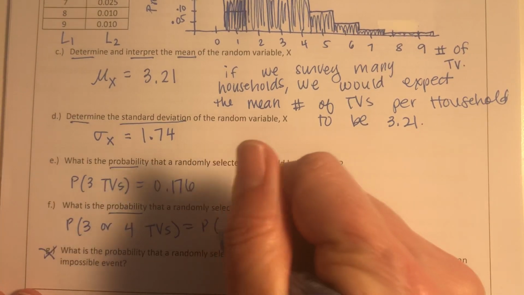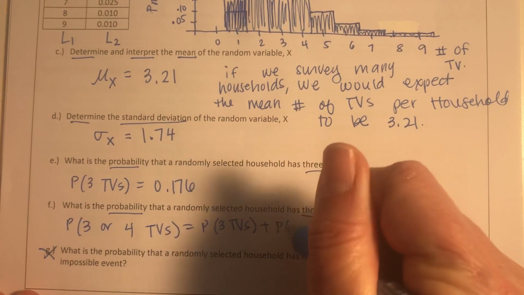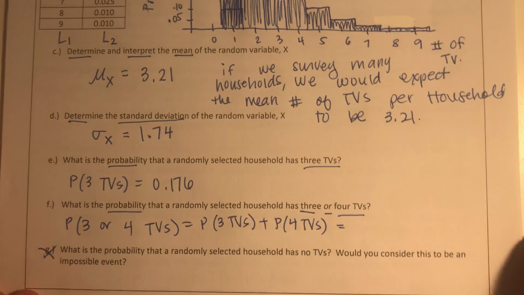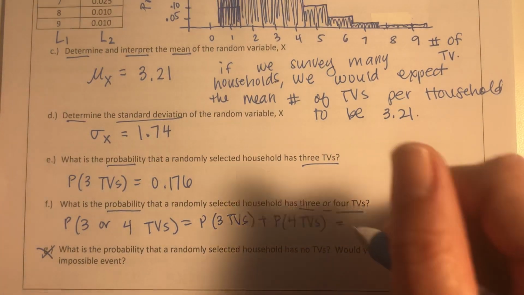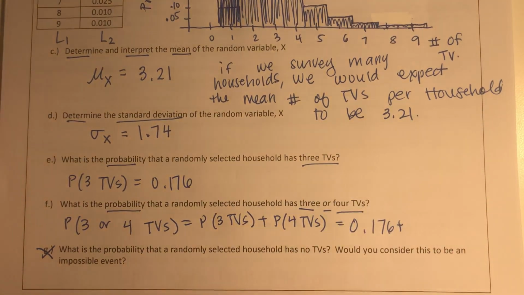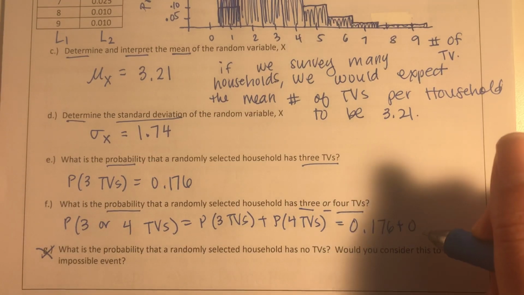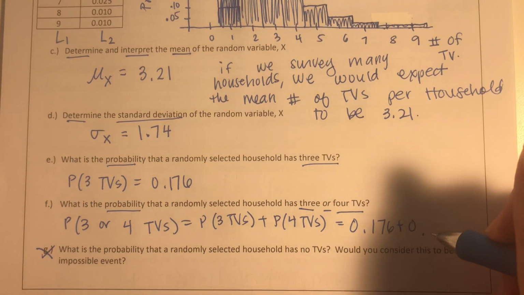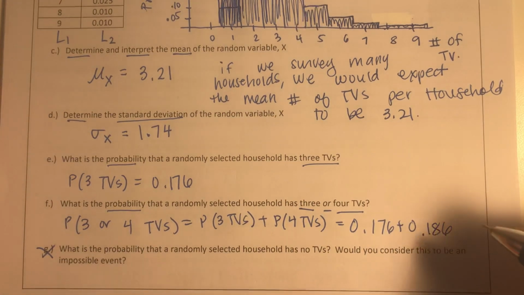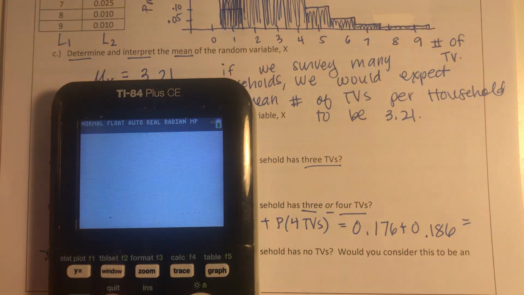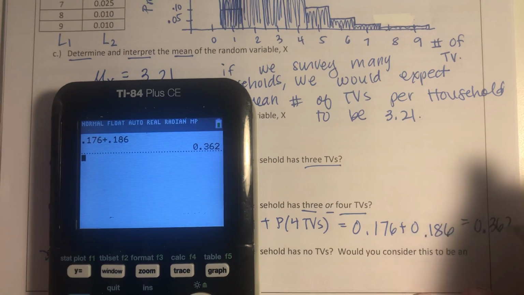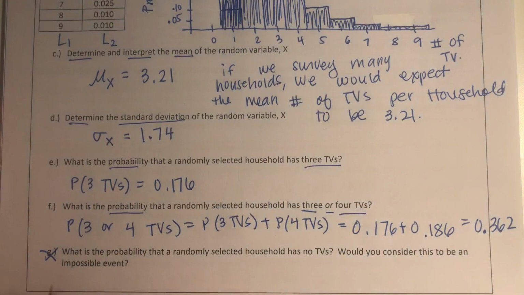And from the table, the probability of 3 TVs is 0.176 plus the probability of 4 TVs, which is 0.186. And then if we go ahead and add those 2 values together, we get 0.362, and I go ahead and cross G off.